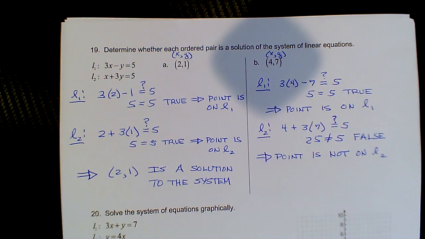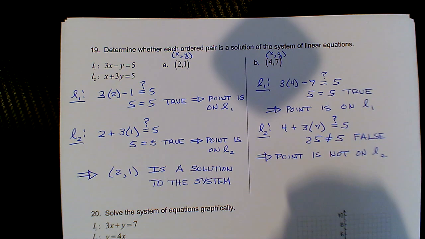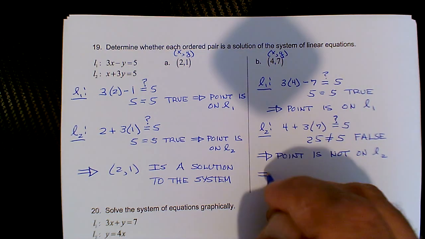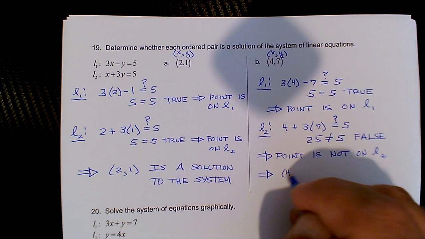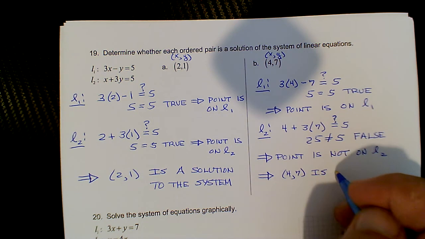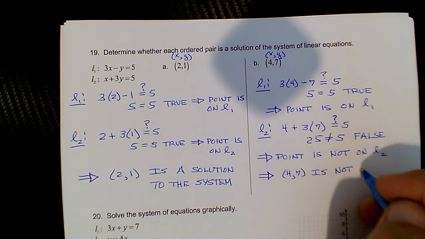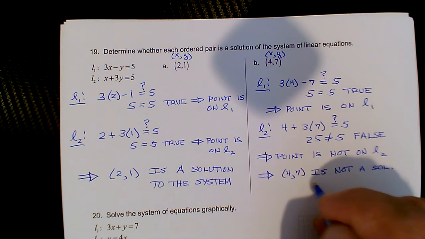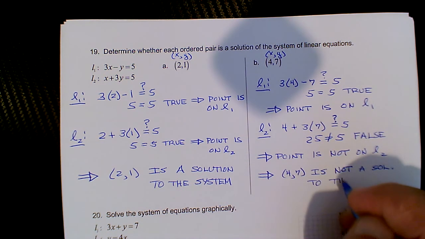For L2, y equals 4x. Let me do a little table. Pick x is 0. By inspection, y is 0. And then for x is 1, let's say, y would be 4 times 1, or 4. So plotting those points, 0, 0 and 1, 4.